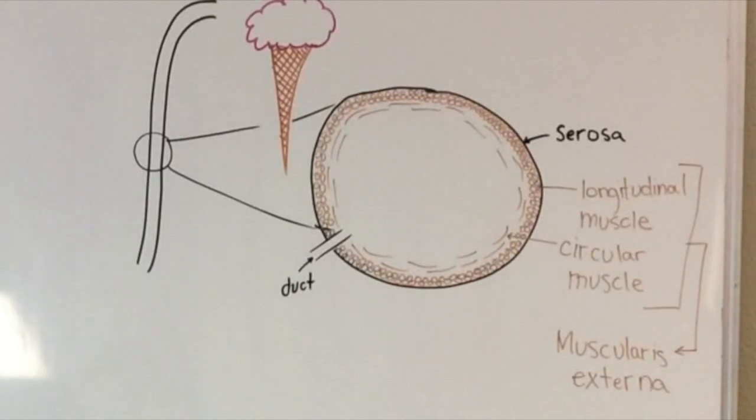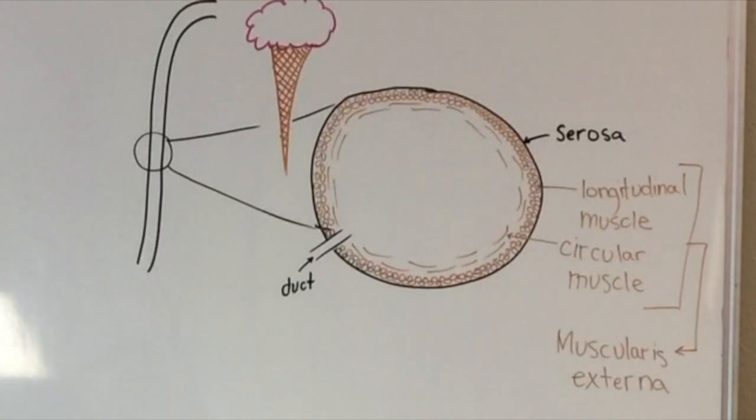The longitudinal layers, when they contract, shorten the tube and propel the food further along the digestive tract. The circular fibers, when contracted, will decrease the diameter of the lumen, constricting the tube at the point of contraction. This causes the food to continue to move forward along the tube as well.